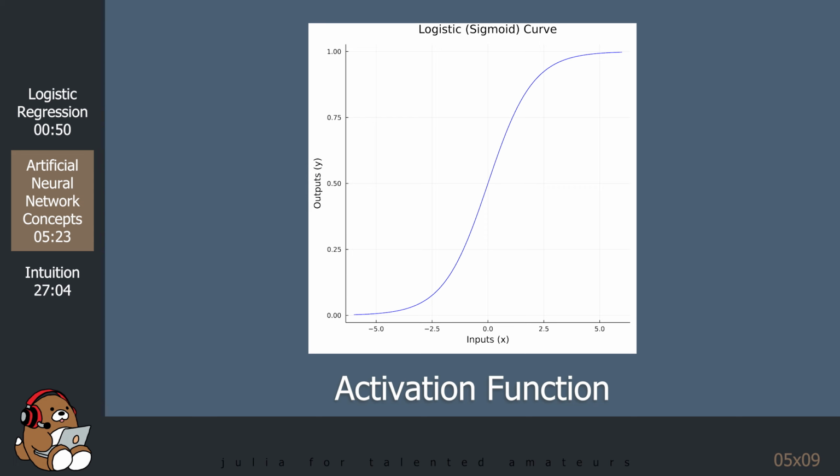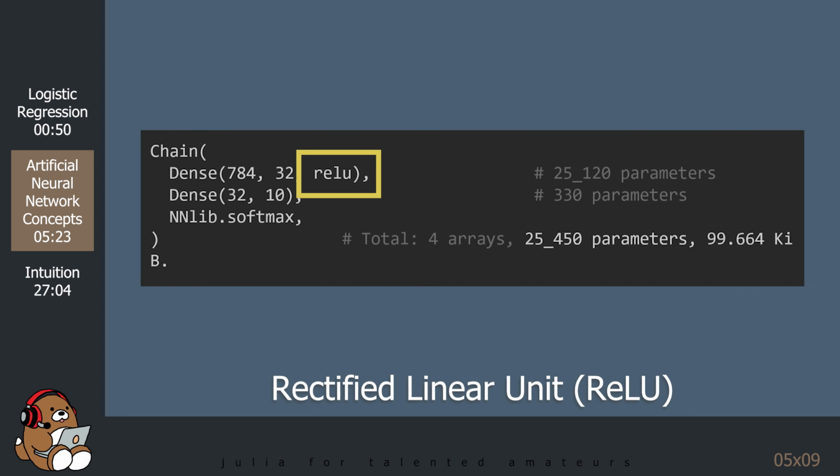The sigmoid function is one example of an activation function, but there are several other nonlinear functions used with neural networks. The activation function that we used in our model is called ReLU, which is short for Rectified Linear Unit. ReLU is commonly used for multi-class classification problems.